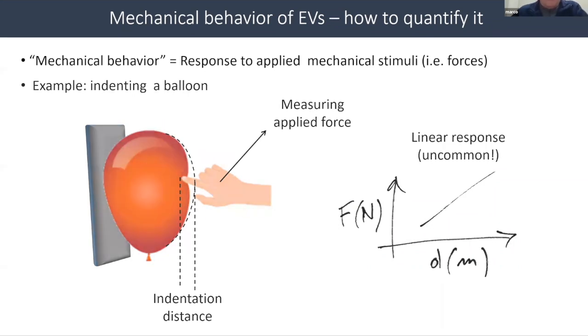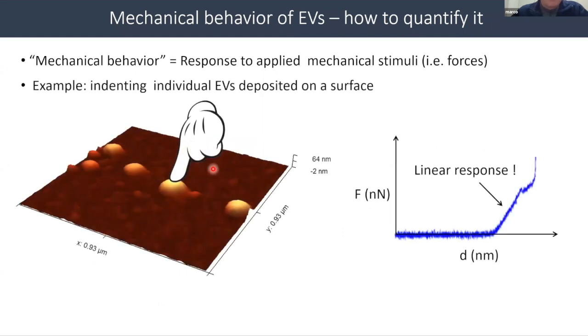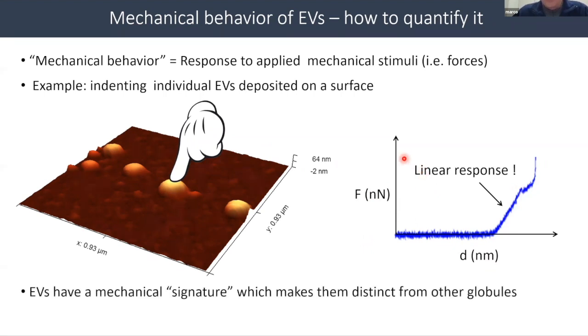Because believe it or not, EVs behave as nano balloons. So we have nanonewtons and nanometers now, and not newtons and meters, of course, but if you push them against the surface, you get a linear increase of force against distance, which is, as I said, very uncommon, and which can be employed to decide that, yes, this blob here was in fact an intact vesicle.